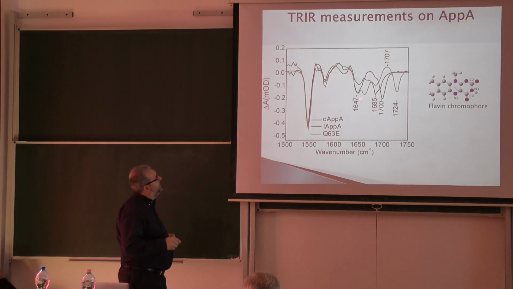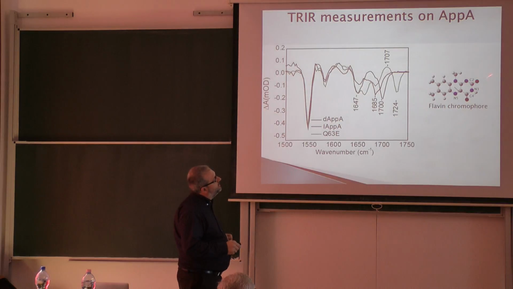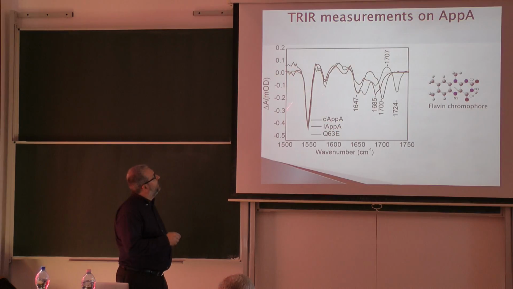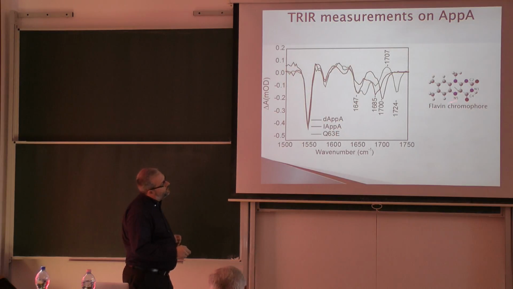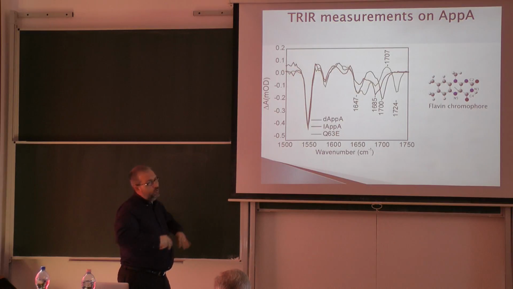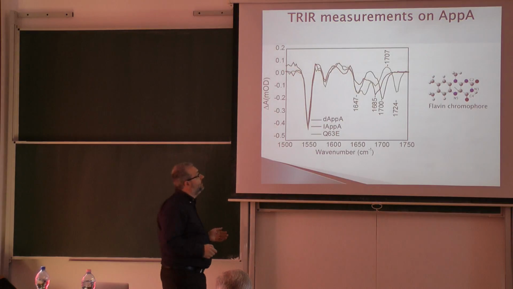And this one, which we have at 1650-ish, stands for the C2 carbonyl stretch. And the big bleach comes from the vibration of the whole ring, basically. This is what we know.